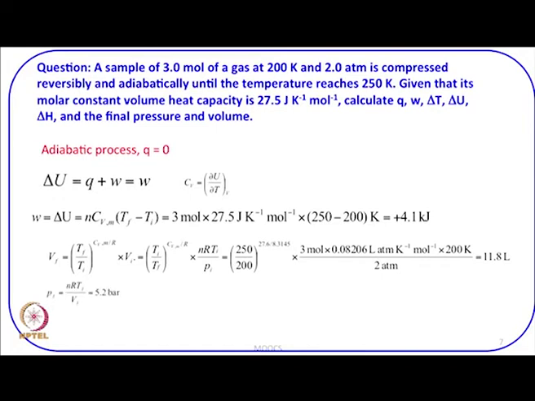Then immediately, if I know the final volume, and since it is an ideal gas, I can calculate Pf, which is equal to nRTf by Vf. This is 5.2 bar.